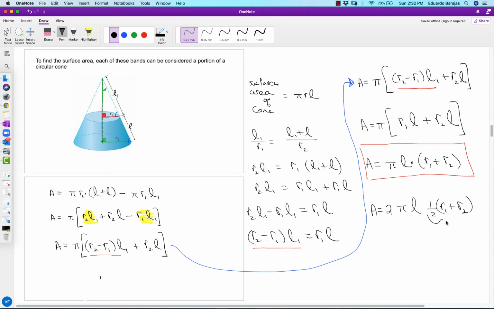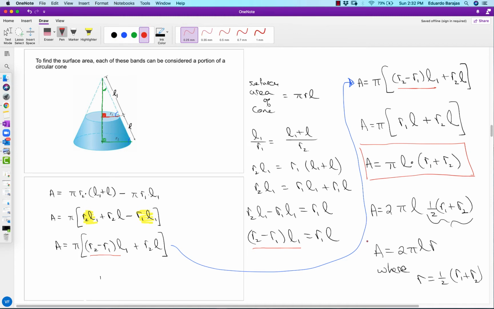And now this can be rewritten as a new value R, which represents sort of the average of these two, right? If you add two numbers and divide them by 2, you get the average. So another way of representing this area would be A equals 2 pi L R, no subscript, where this R is equal to 1/2 times R sub 1 plus R sub 2.